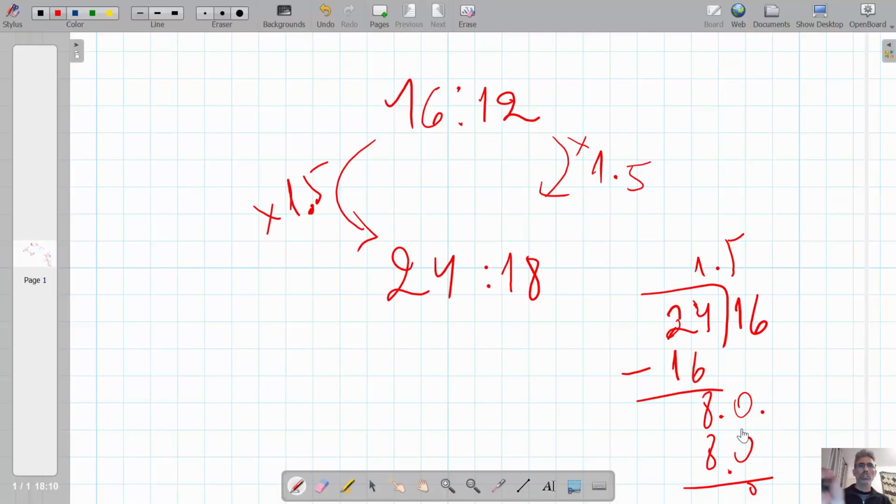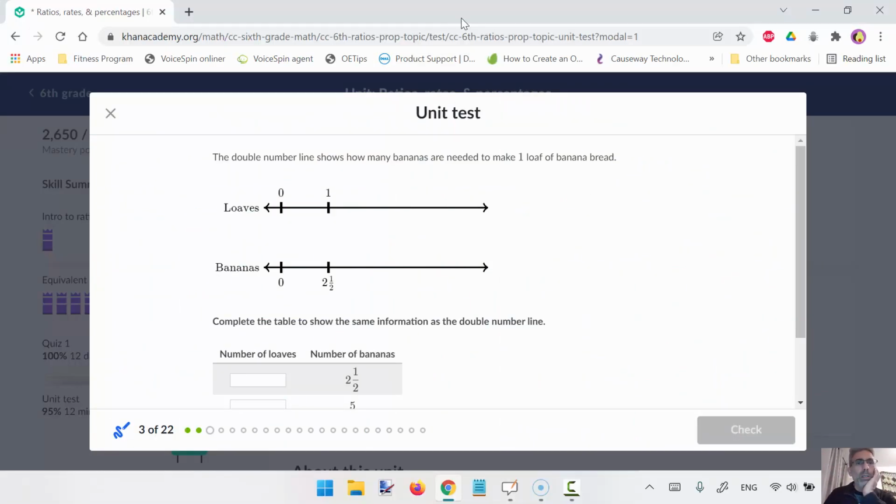Next question. The double number line shows how many bananas are needed to make 1 loaf of banana bread.